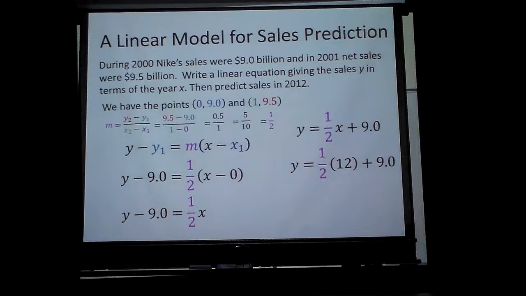So anyway, take that times 1/2, which is 6, plus the other 9, meaning that they probably should have made $15 billion in 2012 if they kept going up by 0.5 billion. And no, I don't know if that's real or not. It's just a problem that was made up as a good estimate to help show how it's used in real life to predict what things may be or some values.